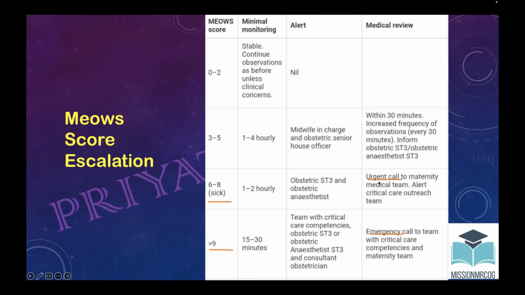If the score becomes more than 9, then an emergency call has to be done. So you just have to know about these things, because in the exam you only have to do the interpretation and see whether your patient is ill or not. So this is MEOWS.